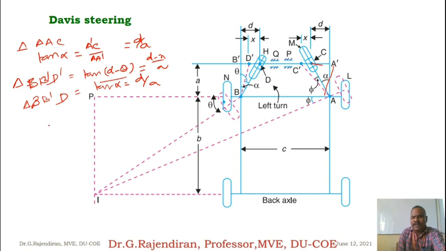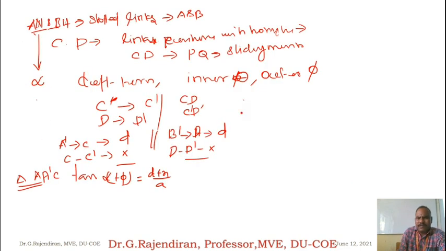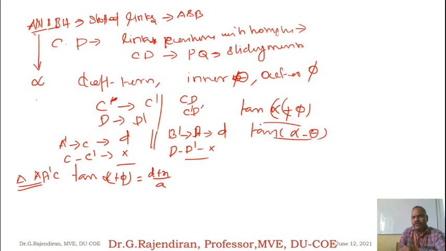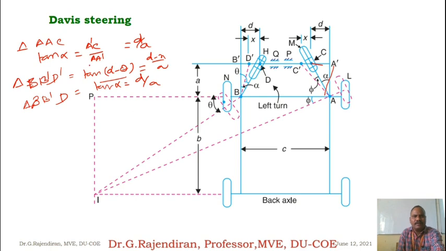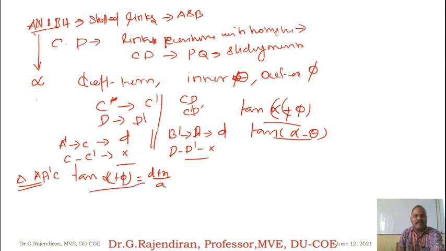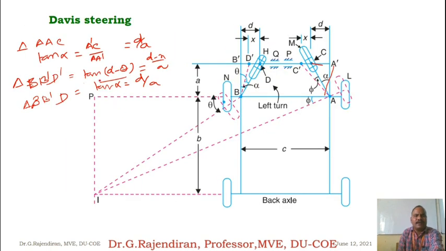So what are the things we get? Tan alpha plus phi, one case, correct? In another case, tan alpha minus theta, correct? Two cases. This is one case. Here is the second one, correct?